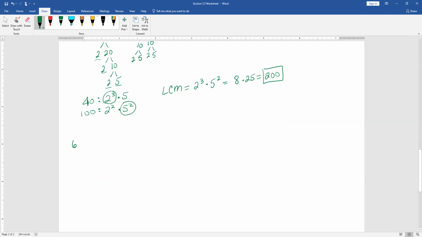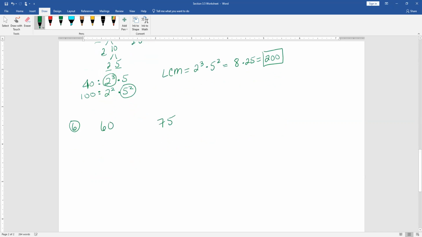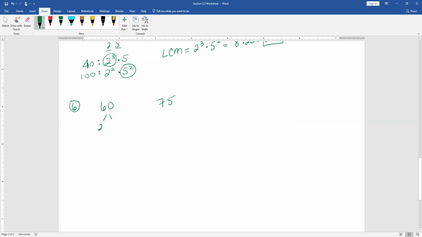So for number 6, I think we're comparing 60 and 75. Yep. All right, so 60 and 75. 60 breaks down to 2 times 30, 3 times 10, and 10 is 2 times 5.